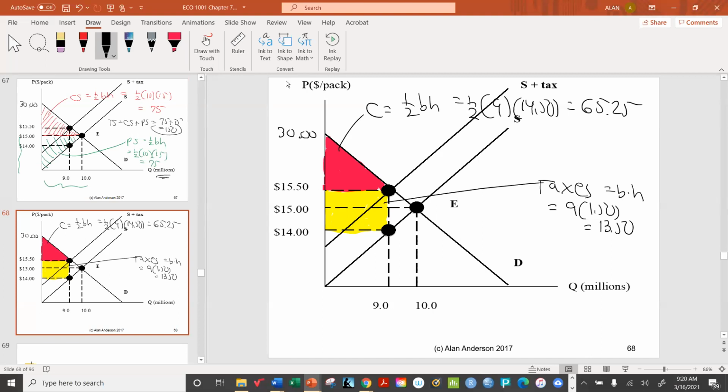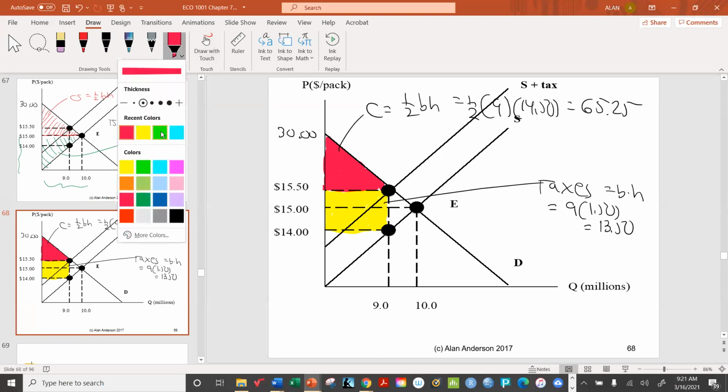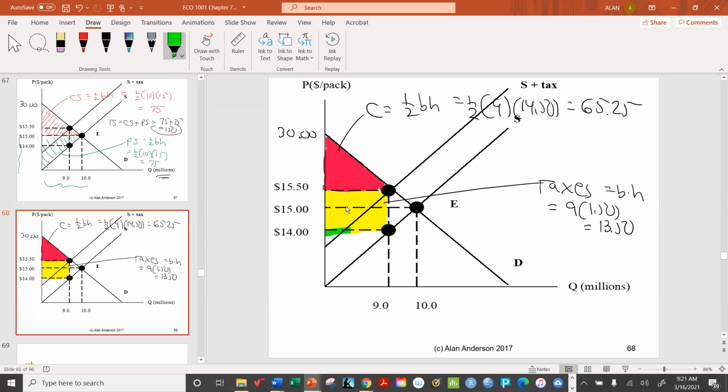The new producer surplus is down here. Okay, so it's 1/2 base times height. 1/2, 9.